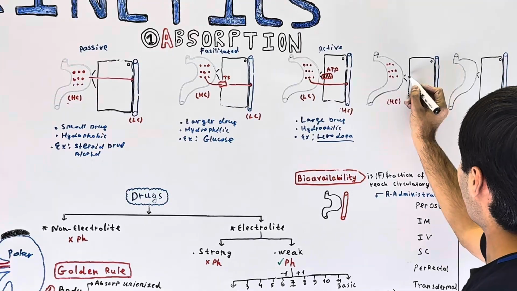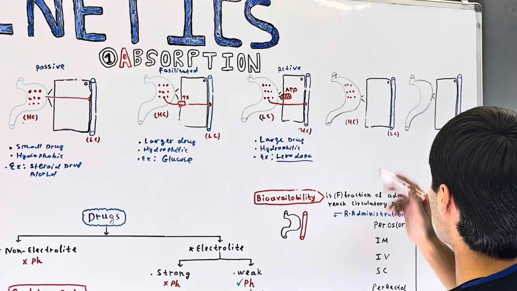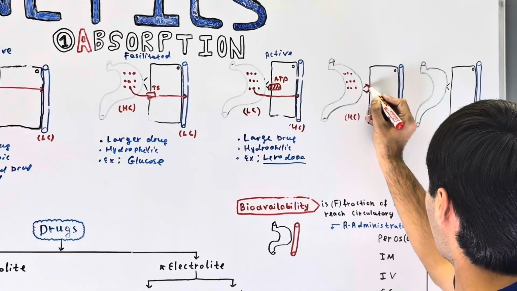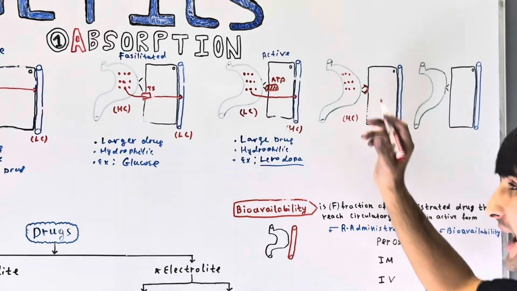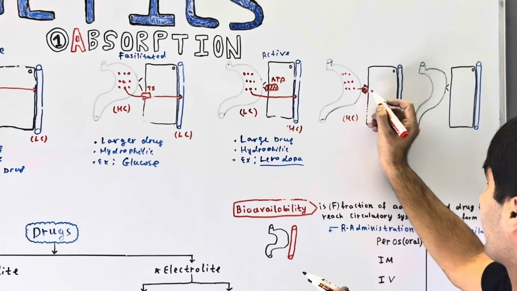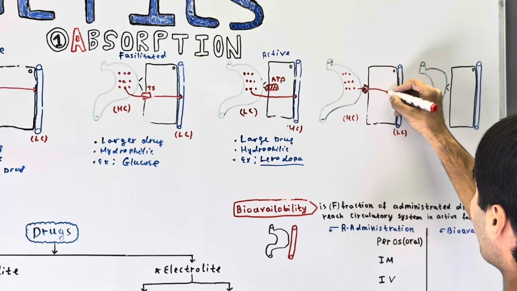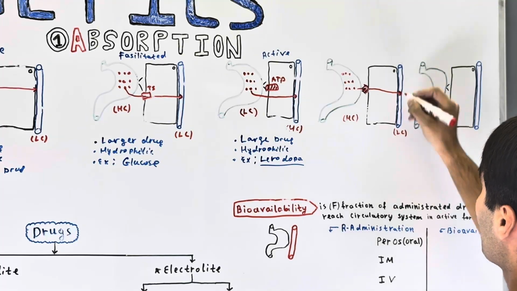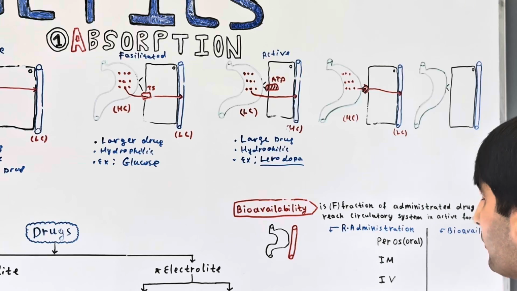It can be absorbed through the membrane of this cell. The membrane of the cell engulfs this drug, and then transports it to the blood circulation. This process is also a type of absorption, which is called endocytosis.